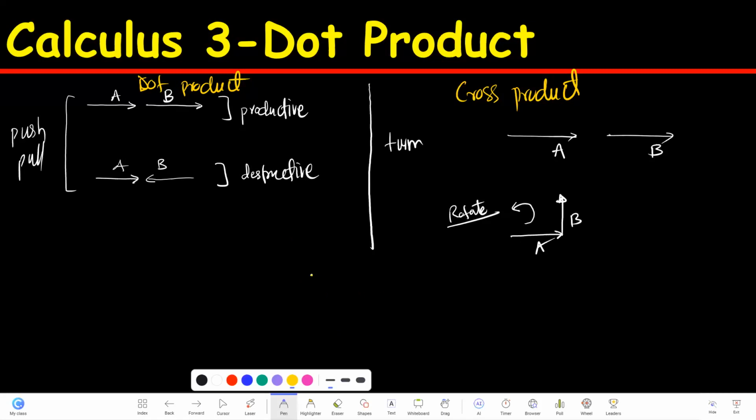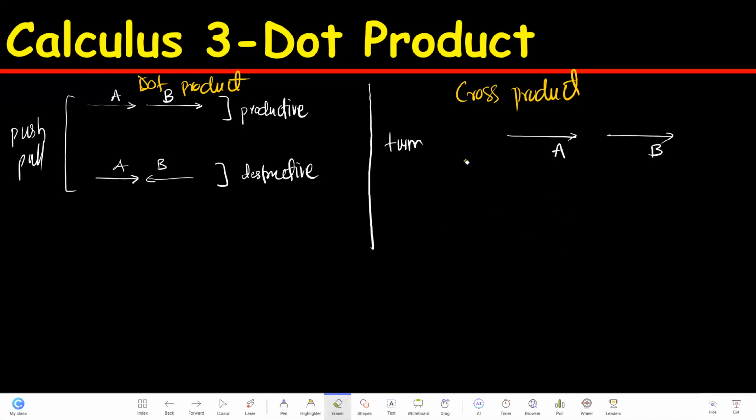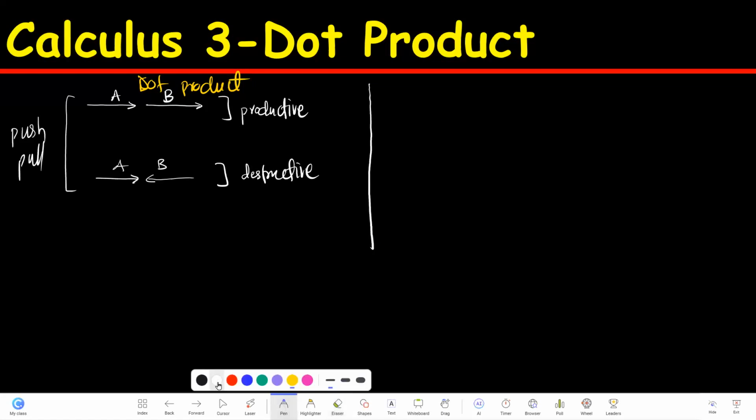Anyway, I'm going to be talking about the dot product for now, and maybe some other day I will talk about the cross product. We have a topic on the cross product as well. So I'm going to eliminate the cross product, and let's talk about the dot product a little bit more.